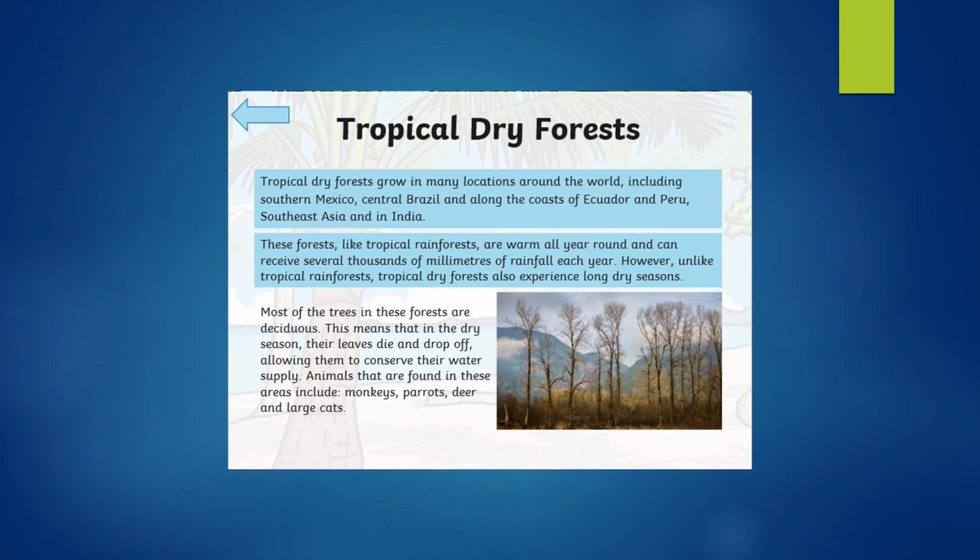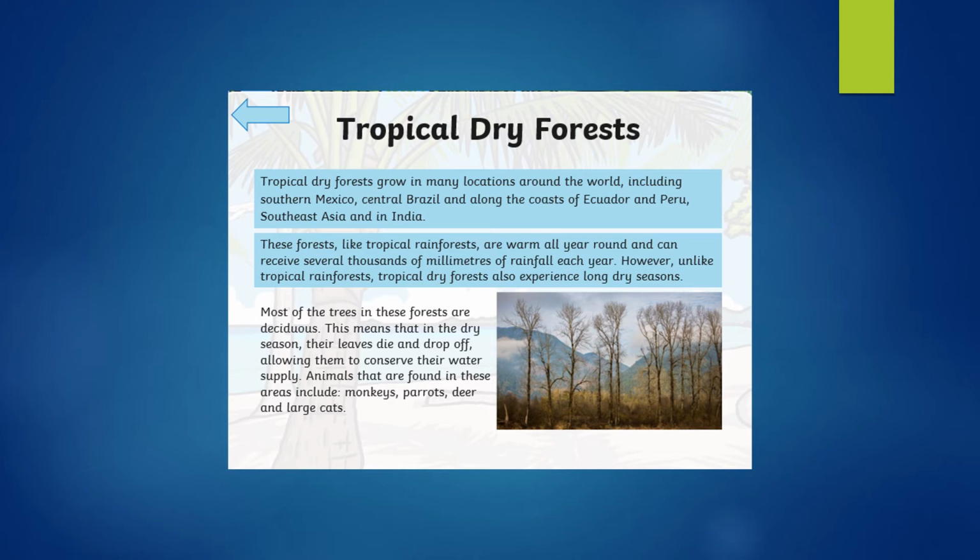Tropical dry forests. Tropical dry forests grow in many locations around the world, including southern Mexico, central Brazil, and along the coasts of Ecuador and Peru, Southeast Asia, and in India. These forests, like tropical rainforests, are warm all year round and can receive several thousands of millimetres of rainfall each year.